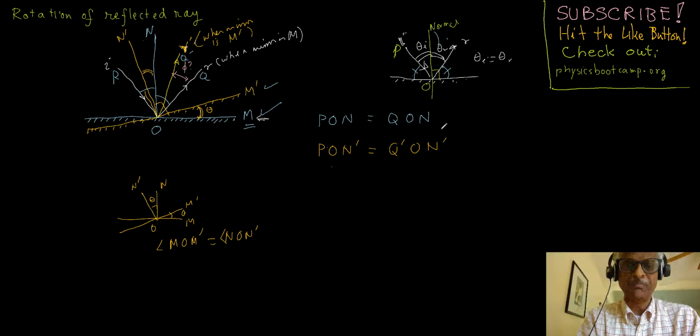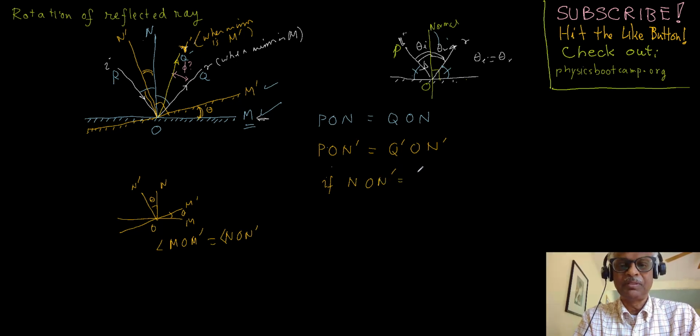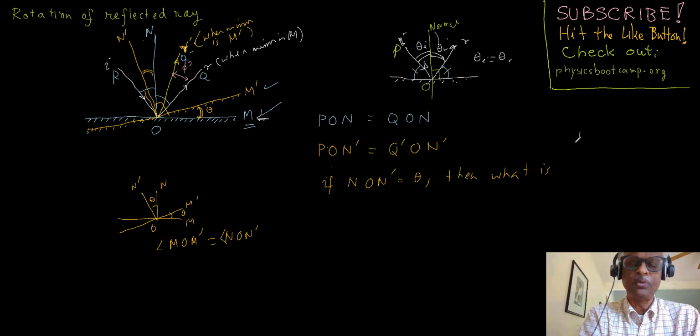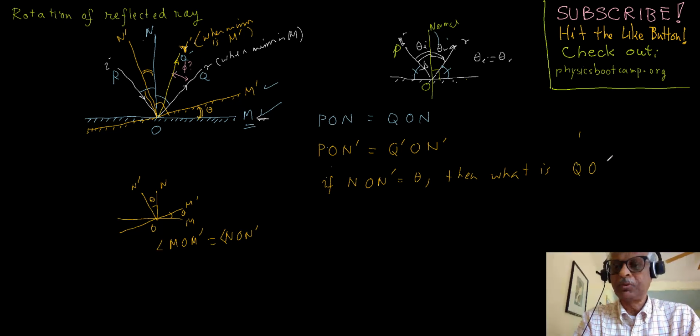What we want to find out is, if angle NON prime equals theta, then what is angle QOQ prime?